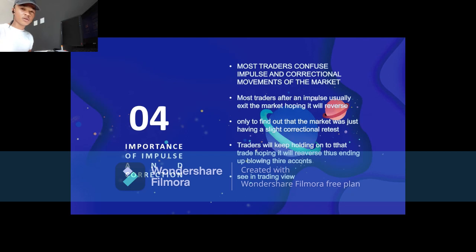Traders will keep holding onto that trade, hoping it will reverse, thus ending up blowing their accounts. Right? This happens to most traders, guys. It happened to me for an extensive period of time, and now I'm passing this knowledge to you so that it doesn't happen to you. You don't go through the things that I've gone through, like the sleepless nights, losing things, losing hope from my family and friends.